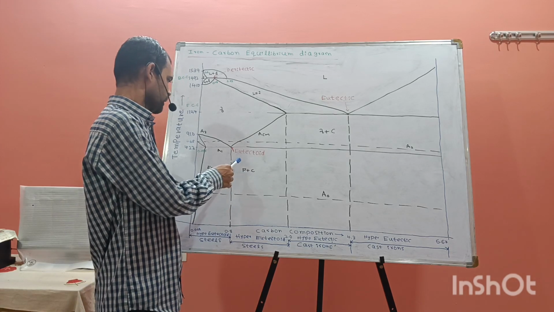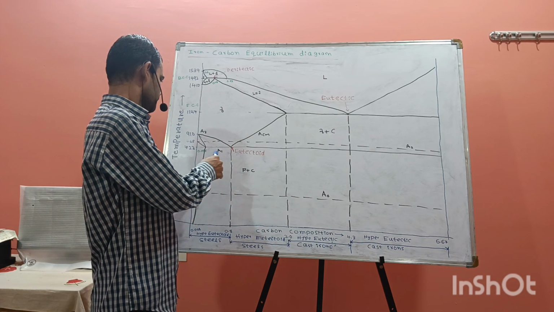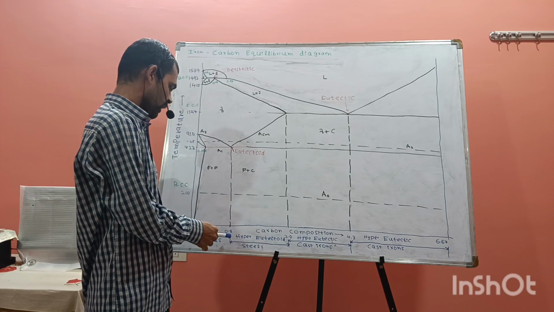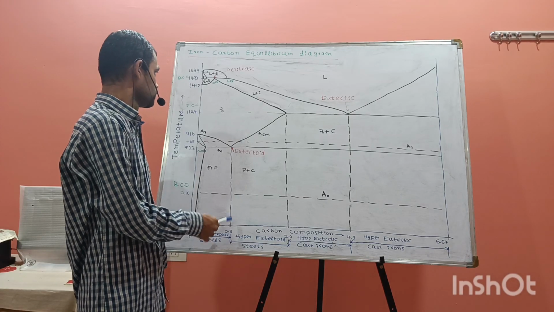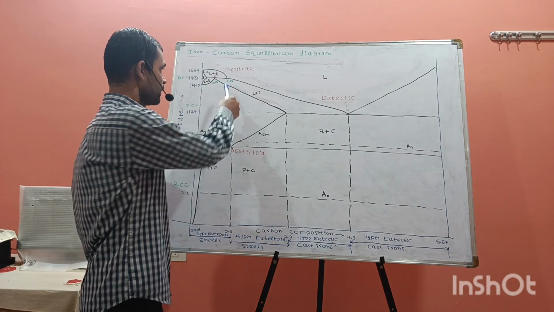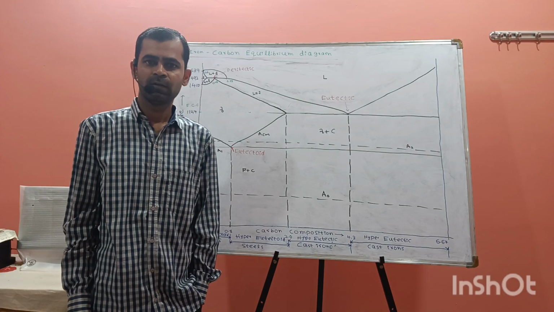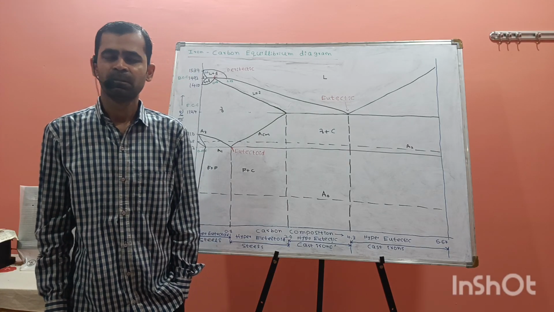The eutectoid reaction takes place at 727 degrees Celsius and at a carbon composition of 0.8 percent. These three invariant reactions are very crucial in the iron carbon equilibrium diagram.